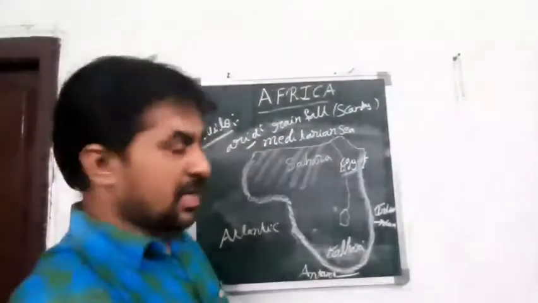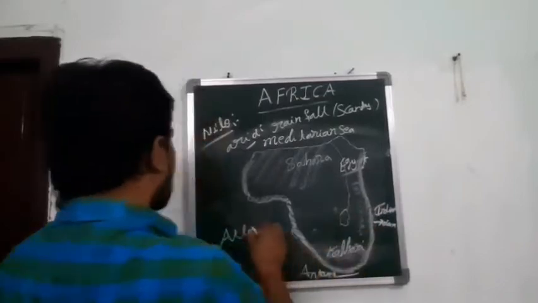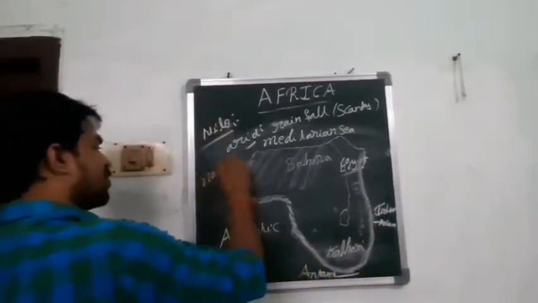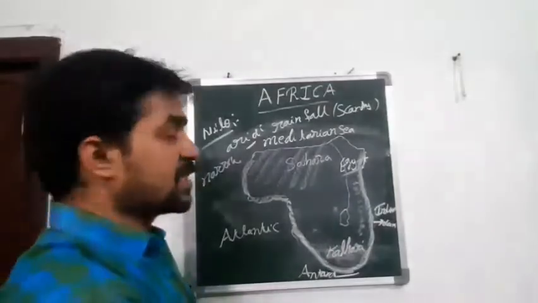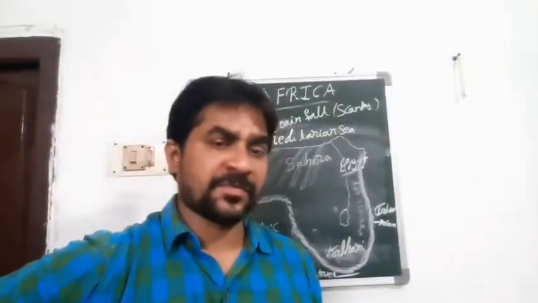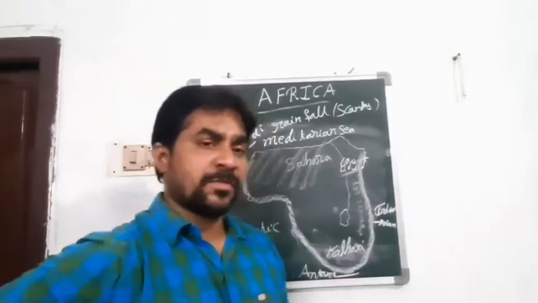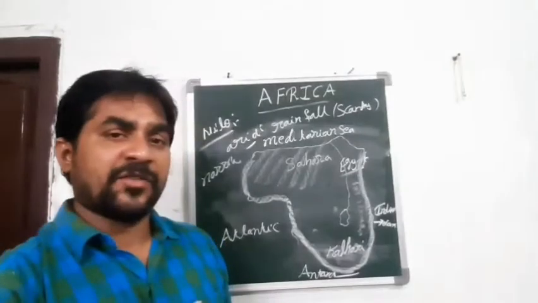Because of the longest coastline, Africa has a narrow plain. We know the different types of landforms: plains, plateaus, mountains. Africa has a coastline, and near the coastline there is plain.